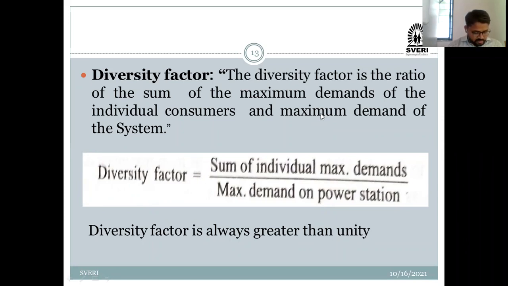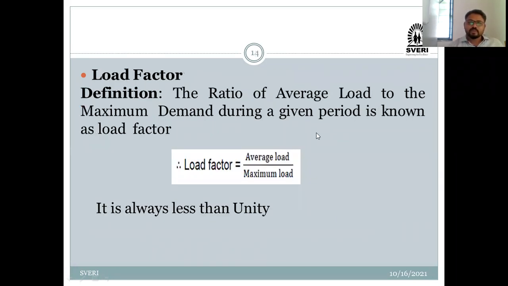Now our next factor is the load factor. What is the load factor?